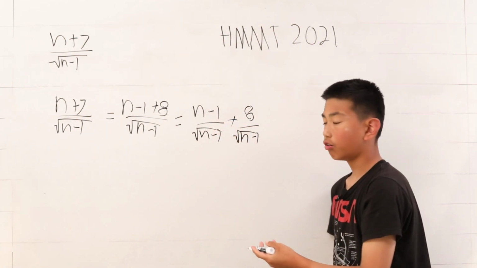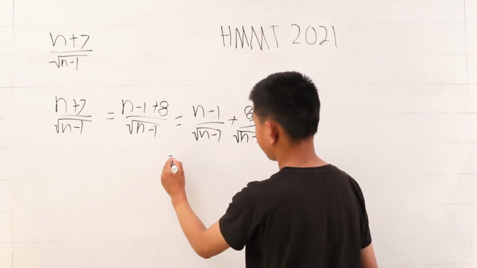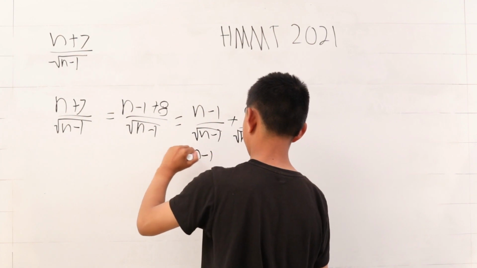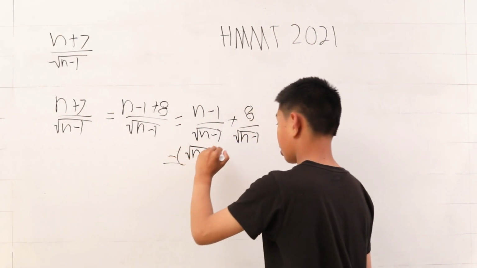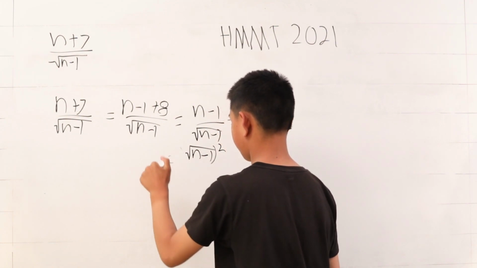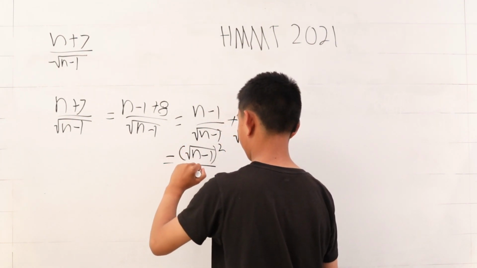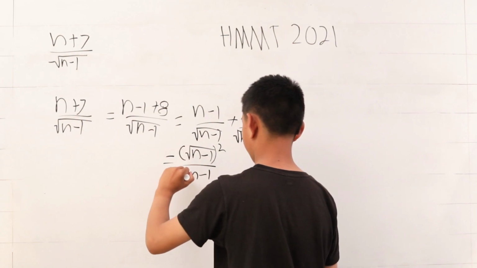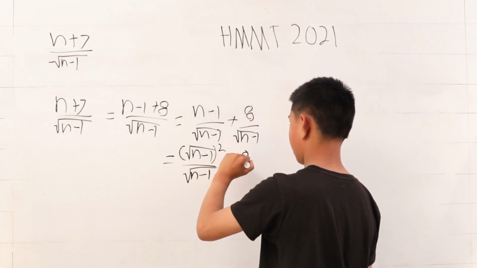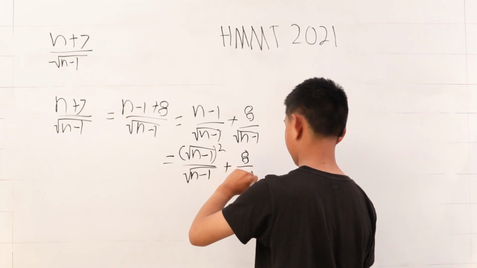So now, what we can really do is realize that n - 1 is really the square root of (n - 1) squared. Sorry, that parentheses doesn't look so good, but you square it and then divide it by the square root of (n - 1). And then you still add that 8 over the square root of (n - 1).